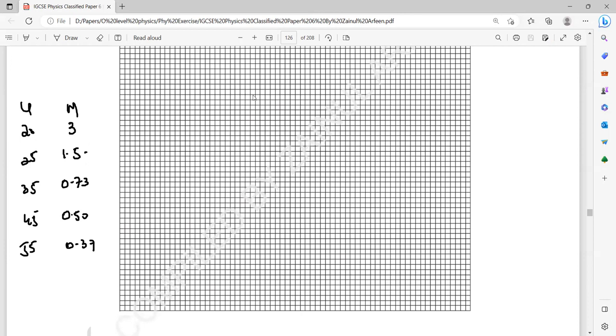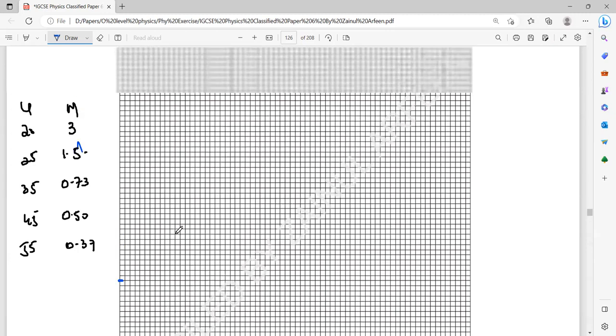So we have to select a suitable scale for the magnification, like 10 boxes equals 1, or I can have 20 boxes equals 1. So 20 boxes equals 1, then another 20 equals 2, and then 3.